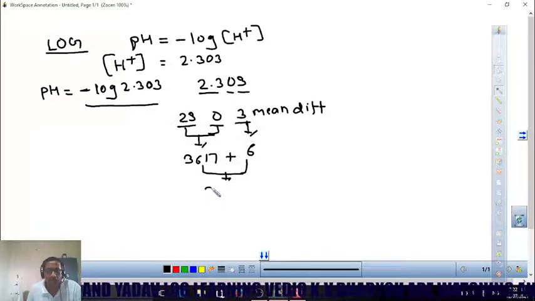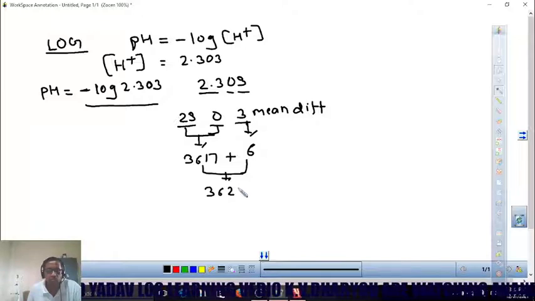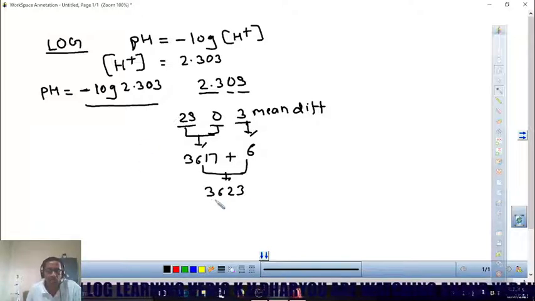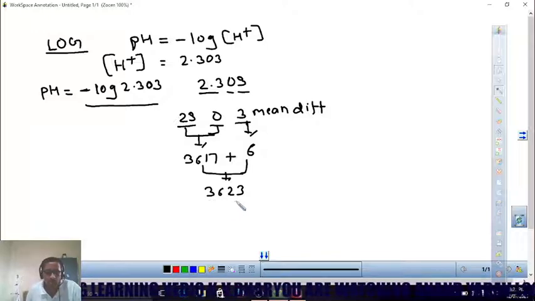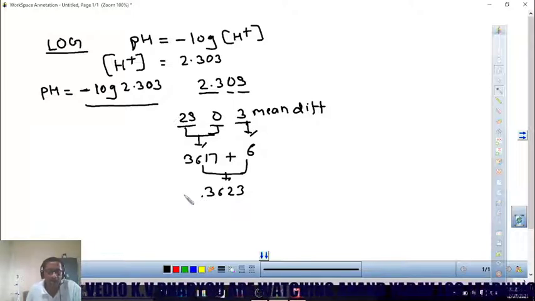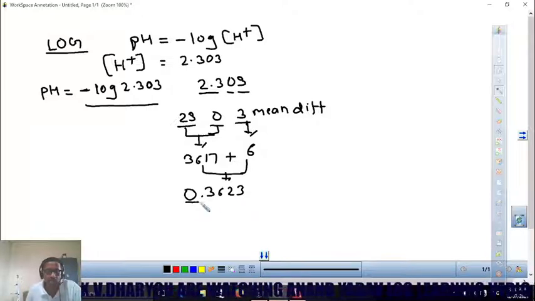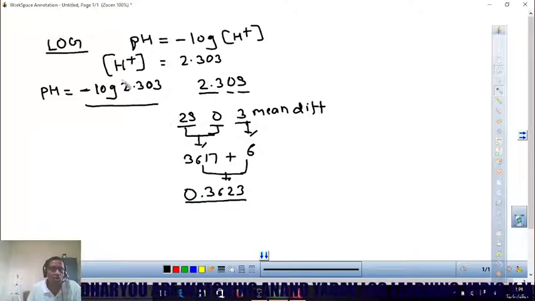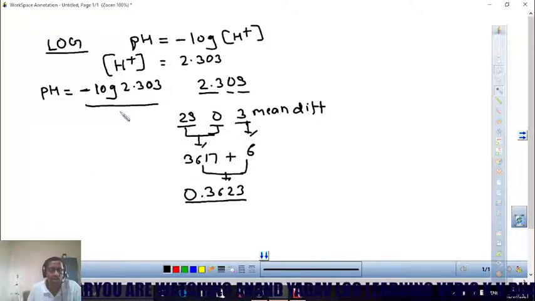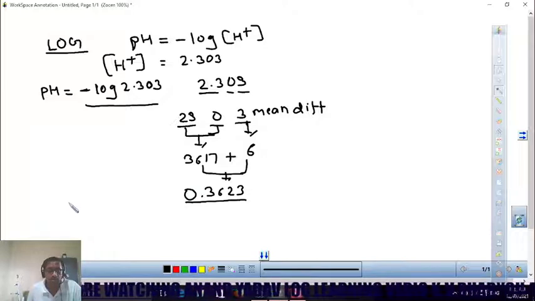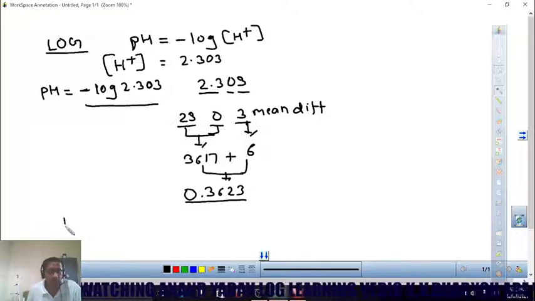You will get 3623. So whatever 4-digit number you get, you have to put a point before it. You have to write it like that, 0.3623. This is the solution of log 2.303. So this is how you will write it.